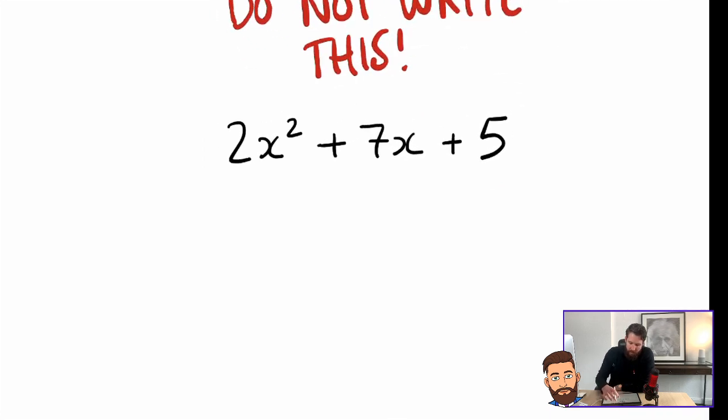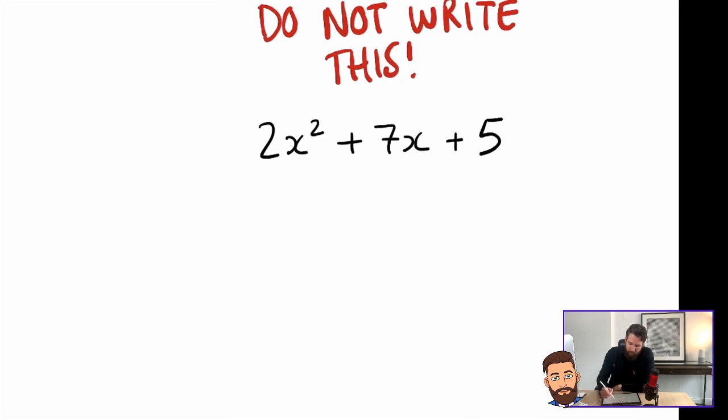If we recall, the first thing that we need to do for the previous method is you take c, which in this case is 5, and you list the factors of it. So what are the factors of 5? Well, how do you make 5? 1 and 5, or minus 1 and minus 5, because recall that two negatives multiplied together make a positive. And remember, we're looking for two factors of c, which is this 5, that add to make b.